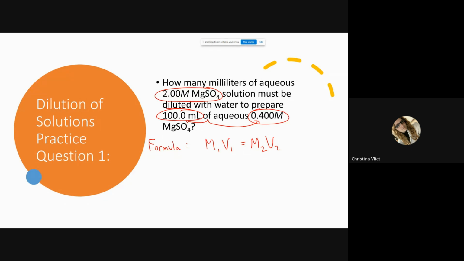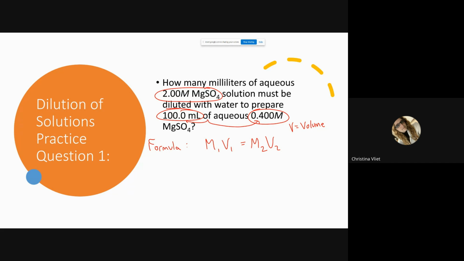Once I know I have to use the formula, now I have to figure out what goes where. That's the important part. And so I want to bring up here, capital M stands for molarity. What does V stand for? It's interesting. I wrote V. I didn't write a unit. Did you notice that? I didn't write whether it's liters or milliliters.